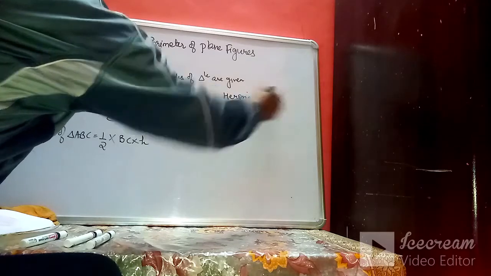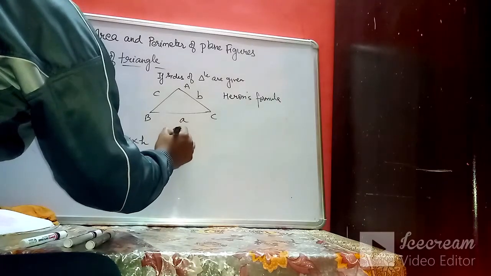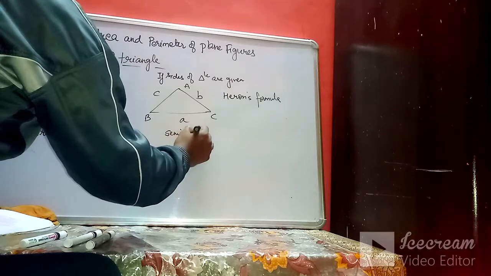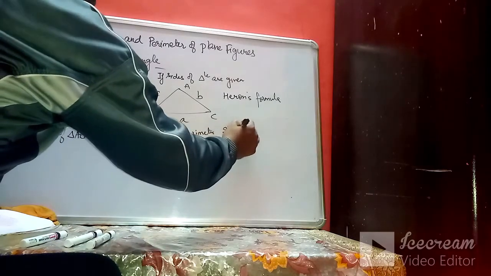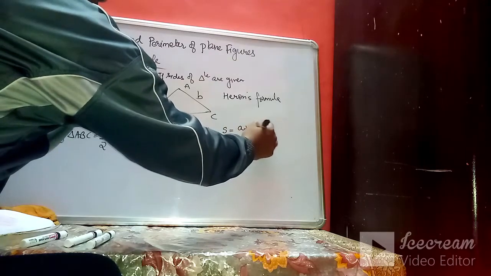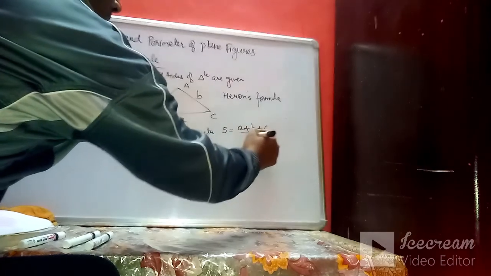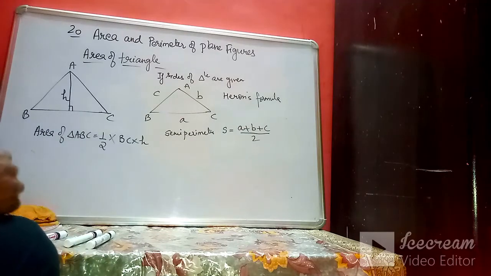And how to use Heron's formula? First we will calculate the semi-perimeter, that we denote as small s, and it is equal to the perimeter of the triangle divided by 2.